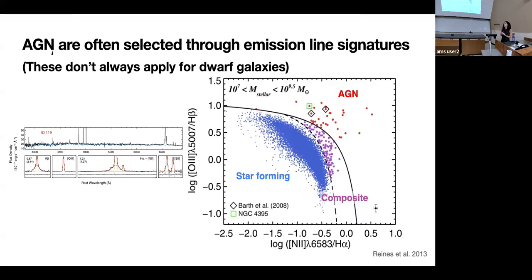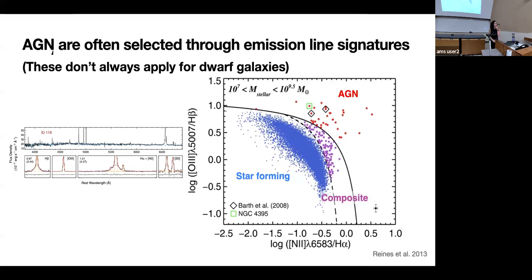So this was a really good starting point to say that, hey, some of these dwarf galaxies actually do contain active black holes, but we may not be catching them all. These diagrams were designed for more massive galaxies, and there's a bunch of reasons why they may not be as effective for dwarf galaxies and may miss some objects.